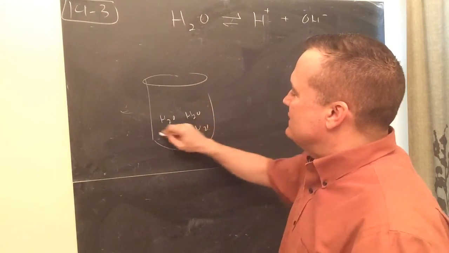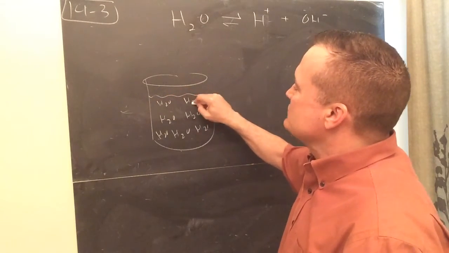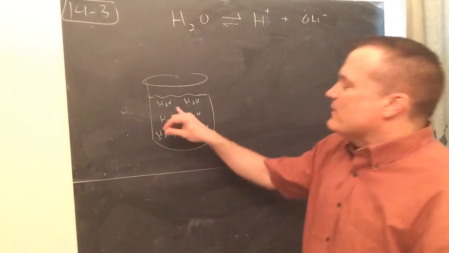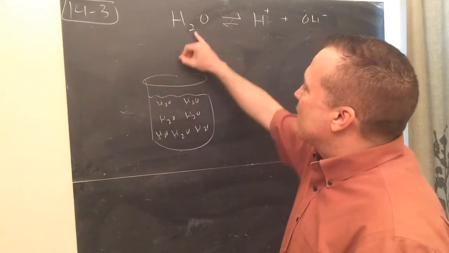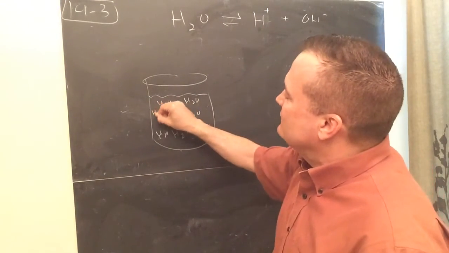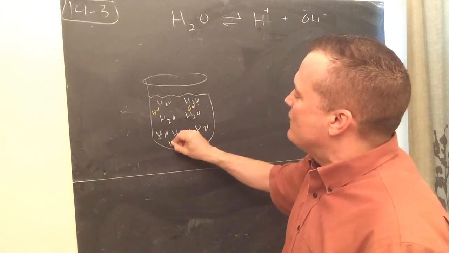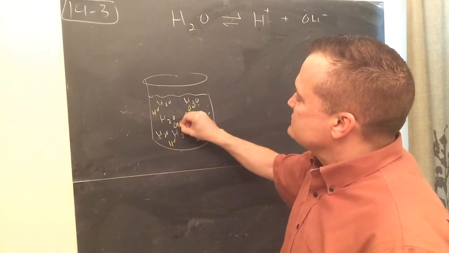The majority, almost all of them, are H2O, H2O, H2O. But what you might not know is some of the water molecules are broken up. And since they break up into H+ and OH negative, you have some H+, some OH negative. Every one that breaks up gives you one H+ and one OH negative. I'll just do 3 of them.